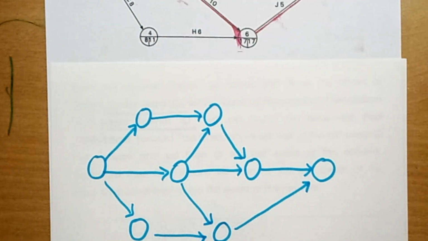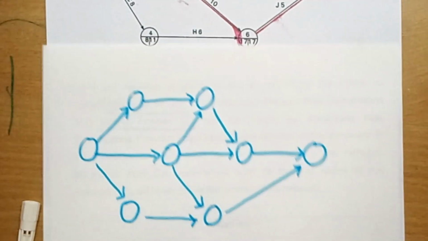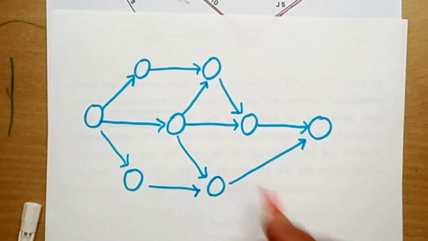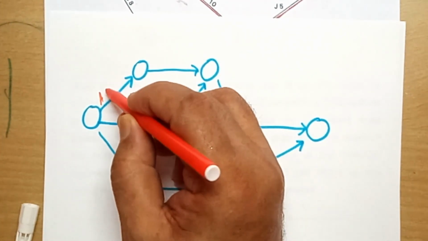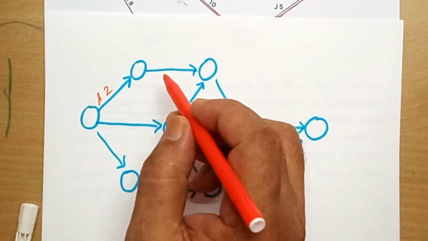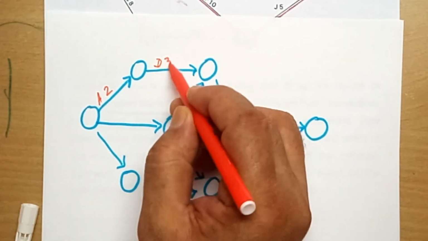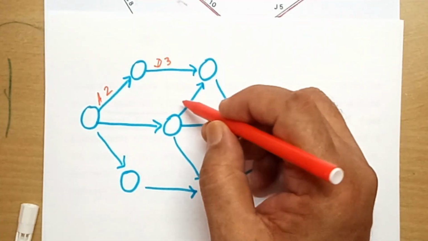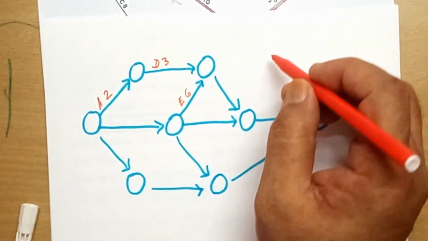First, let us put the activity durations with activities. This is activity A with duration 2 days. This is activity D with duration 3 days. This is activity E with duration 6 days.